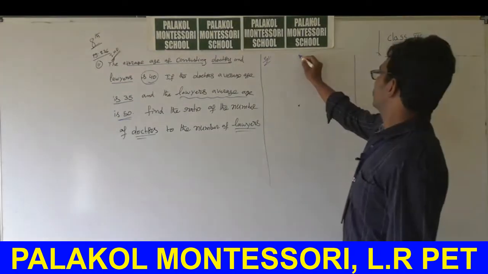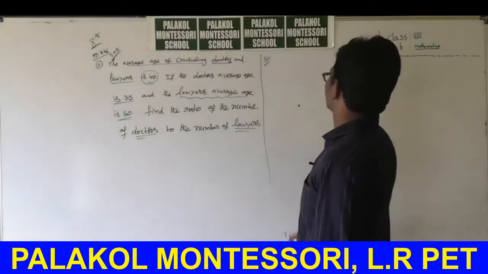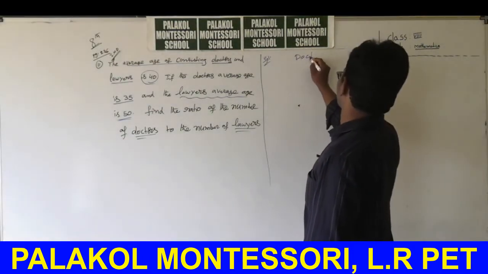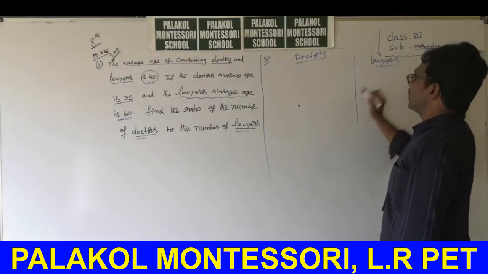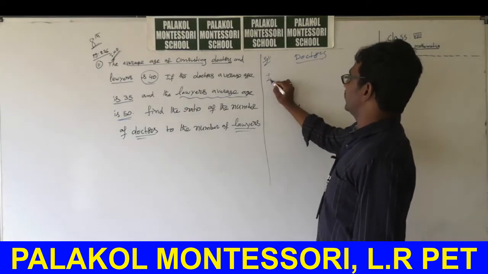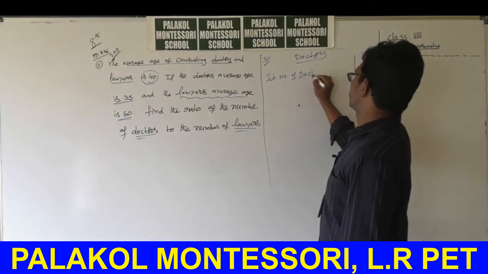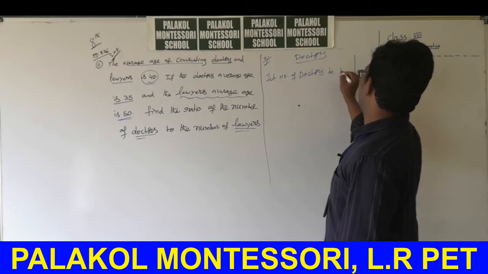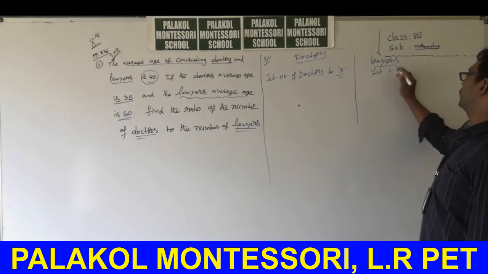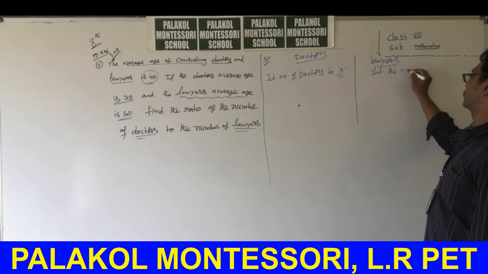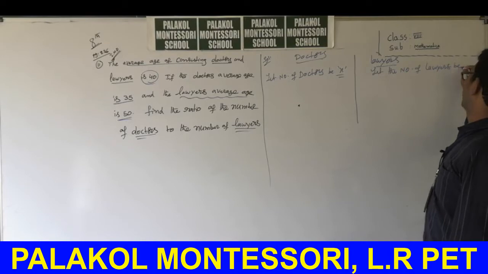On this side, I write the doctor case, and in this side the lawyer case. So first I take: let the number of doctors be x, let the number of lawyers be y.